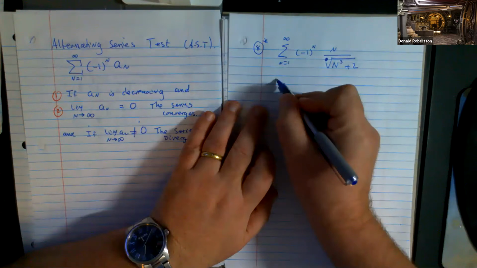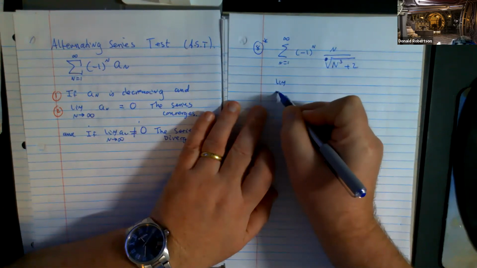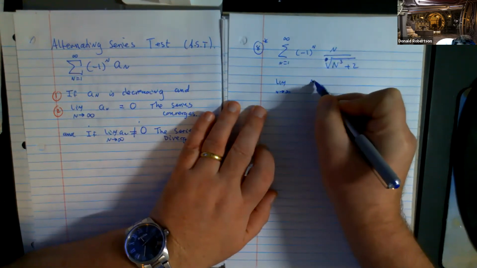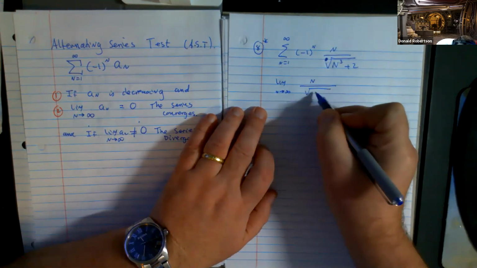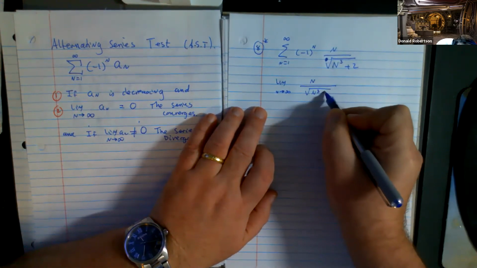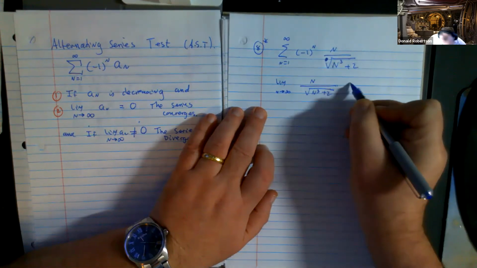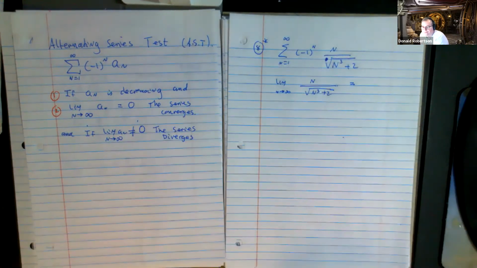So in this case, we're going to do the limit as n tends to infinity. What technique could I use on this one?